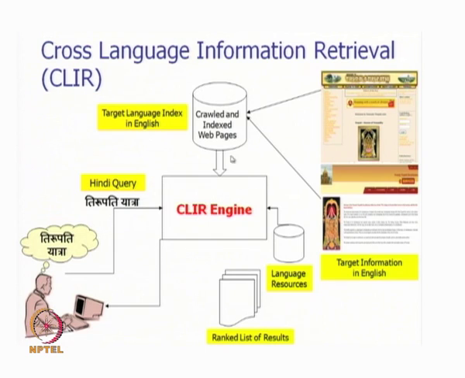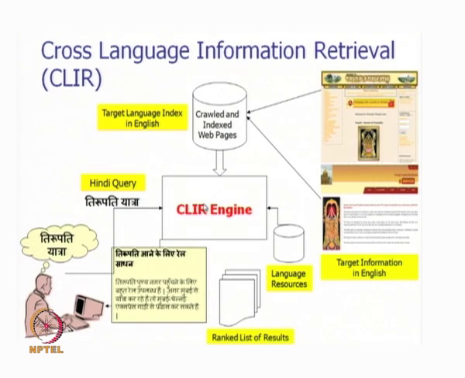And we showed this picture last time, where the query is shown to be Tirupati Yatra, that is, a visit to Tirupati, and this is the query in the mind of the user.